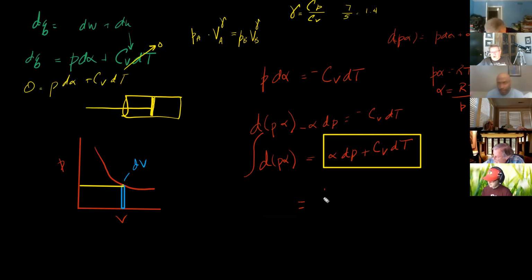I have RT dP over P plus CV dt. I just substitute, get rid of alpha. Should it be a minus CV dt? Yes.